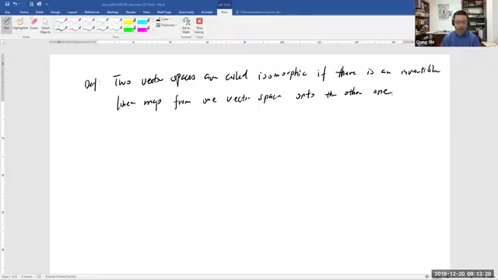So let's look at the first definition in this second recording. Two vector spaces are called isomorphic if there is an invertible linear map from one vector space onto the other one. It does not matter whether it is from V to W or W to V, because if there is an invertible linear map, then the inverse is also invertible.